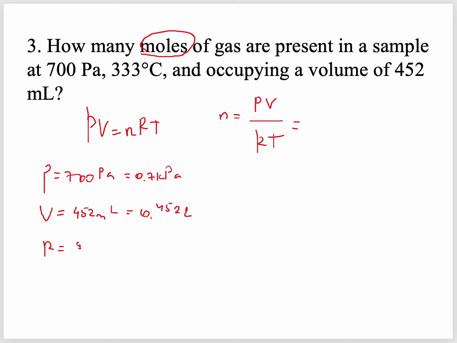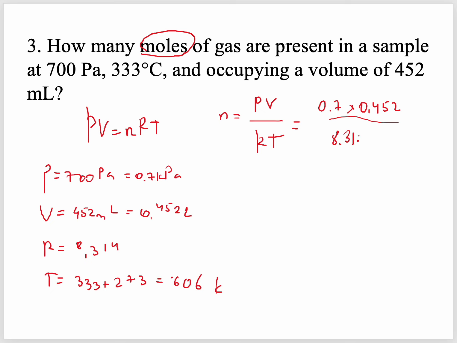For the gas constant we use 8.314. Temperature is 333 plus 273, so we have 606 Kelvin. We use the formula: 0.7 multiplied by 0.452, divided by the gas constant 8.314 multiplied by 606.